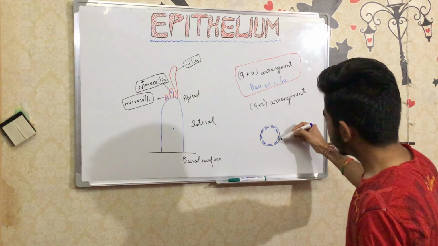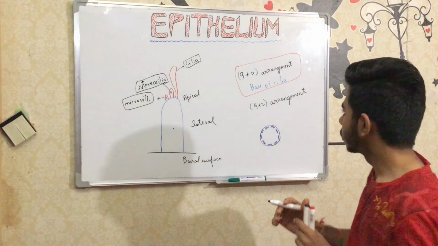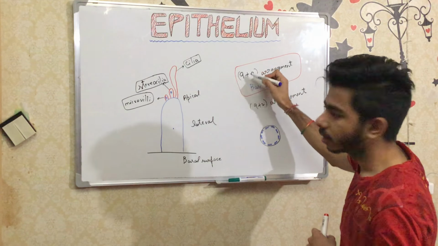Now I have drawn these triplets in the form of 9, so that's why I am calling it 9.